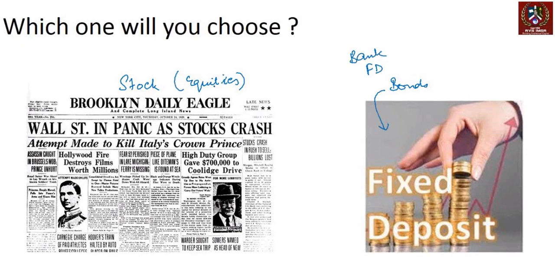Now, we do know that the stock market, which is commonly known as Wall Street in the US, and what we see here is a news piece from 1929. In 1929, there was a great crash in the US market. There was a depression that followed in the economy, and that's known as the Great Depression.